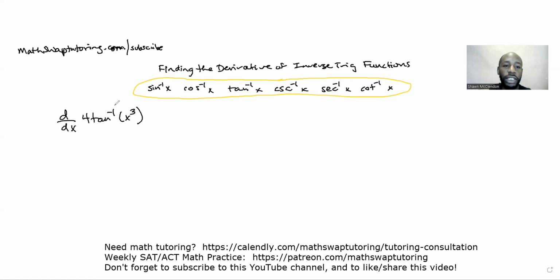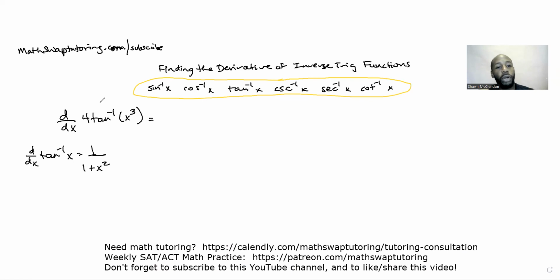So let's do the derivative of the outside piece, the derivative of 4 tangent inverse of x cubed. The derivative of tangent inverse of x is equal to 1 over 1 plus x squared.